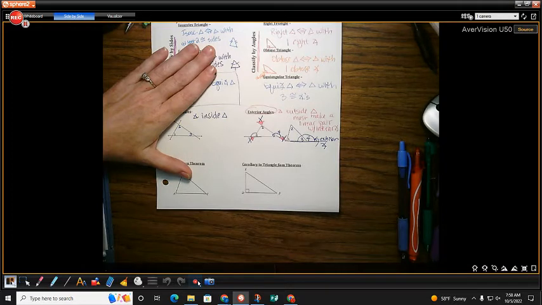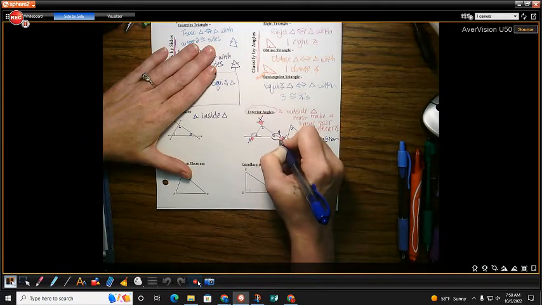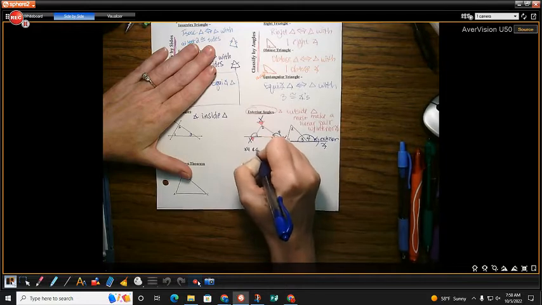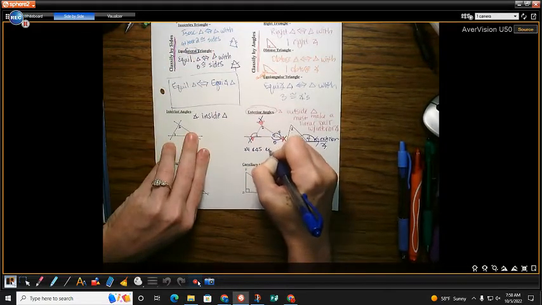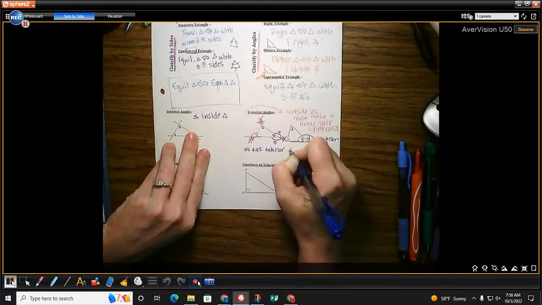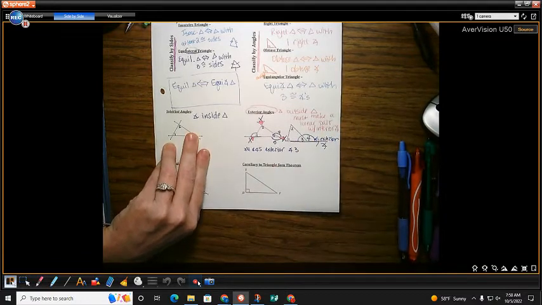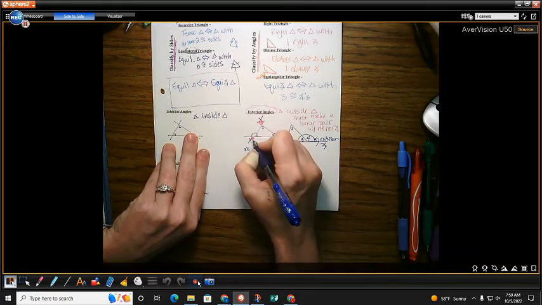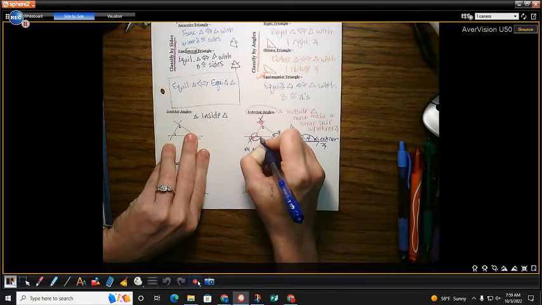Is there another exterior angle connected to angle 3? Yeah, down below it. We'll call it angle 5. So angle 4 and angle 5 are exterior to angle 3. How many are exterior to angle 1? Also 2.